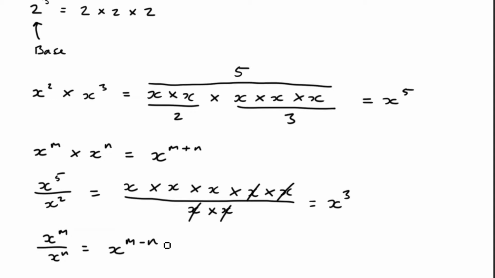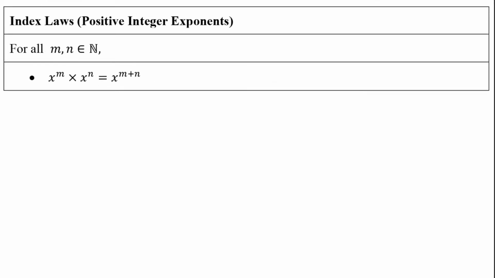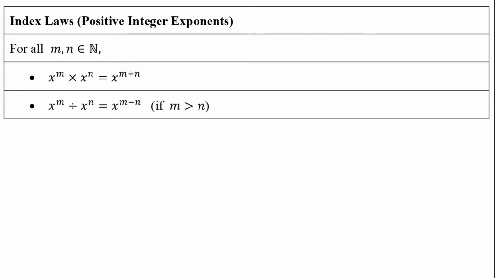Notice for this to make sense, m must be larger than n, because otherwise we would end up with m minus n being a negative number. At the moment we have no conception of what that might mean. So we have our second index law, which tells us that x to the m divided by x to the n is x to the m minus n, so long as m is bigger than n.